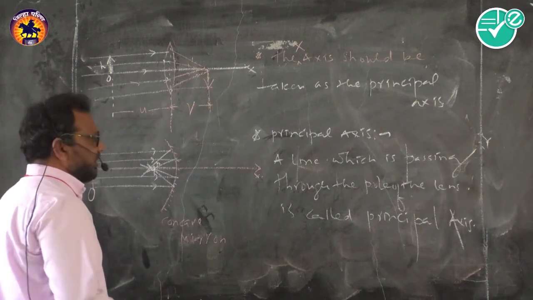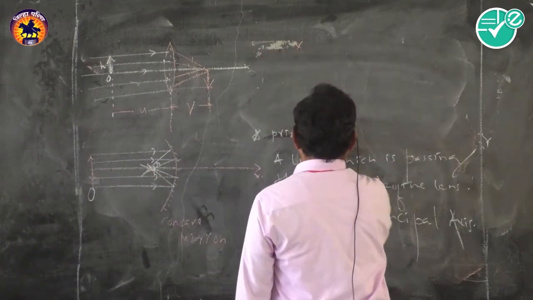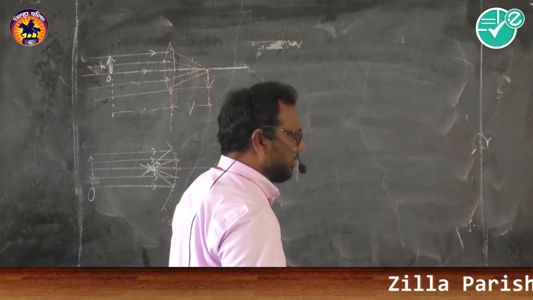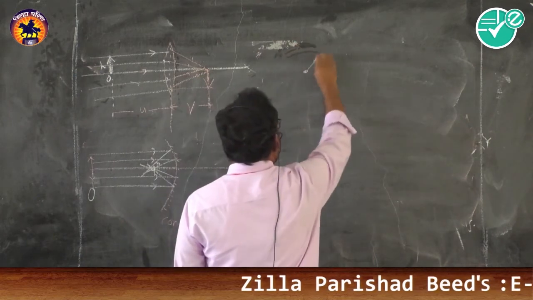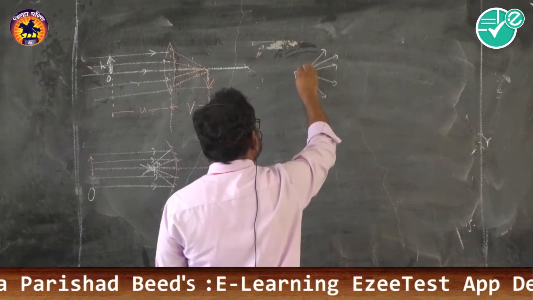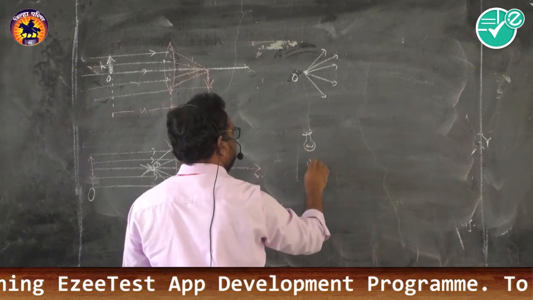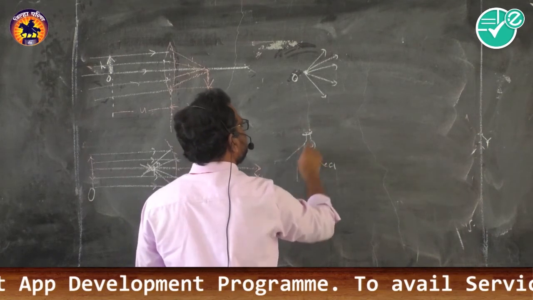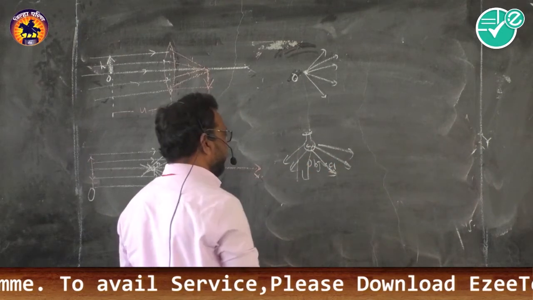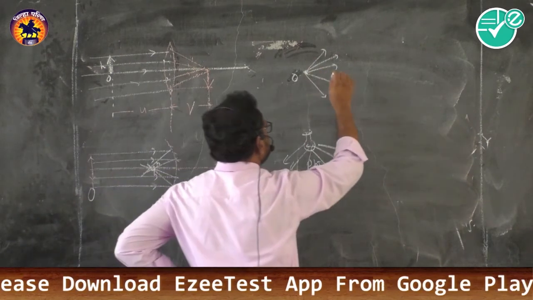So how many types of images do we get here? As we know, an object anywhere, like a ball or a bulb, emits light and spreads the rays in all directions.